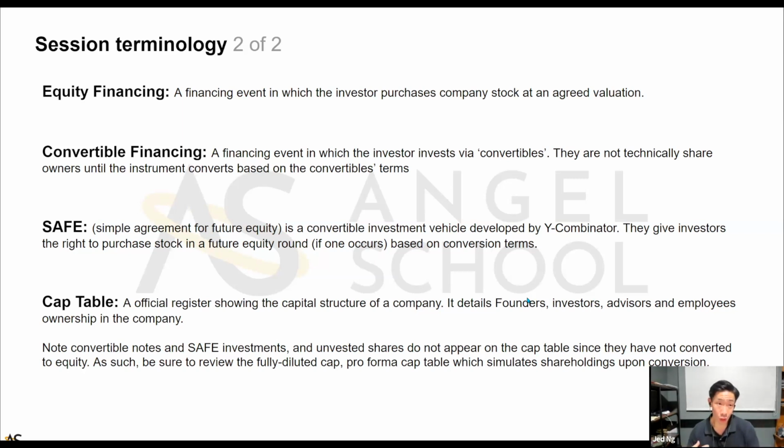Now, the company could have raised a lot of financing through convertible instruments, but because these instruments have not converted into equity, they don't show up on the cap table, which means that if you are looking at a company's cap table to understand the ownership structure, you need to make sure to ask for the right version. You need to ask for something called a fully diluted version, because that will reflect the share ownership when all of the convertible instruments turn into equity.